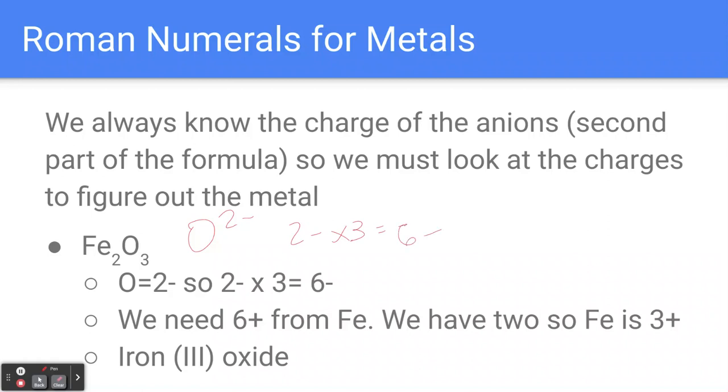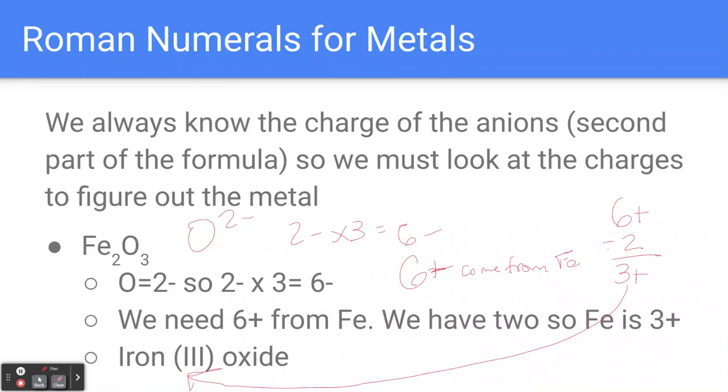Now, we have to balance that out with a +6. So the +6 needs to come from our irons. Now, we have 2 irons, so if we take 6 plus divided by 2, each iron is a +3. And so that +3 gets translated into this Roman numeral right here, III.